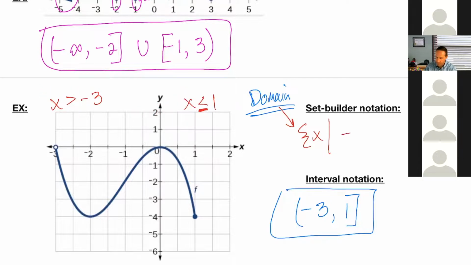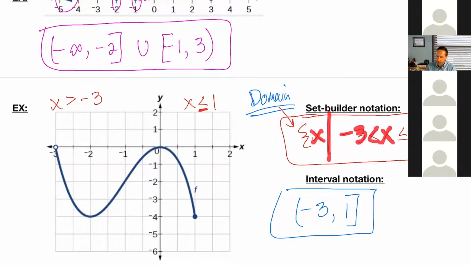You guys see that? My x had to be greater than -3, but less than or equal to the 1. And that is what is called set builder notation. x such that your x is greater than -3, but less than or equal to 1.